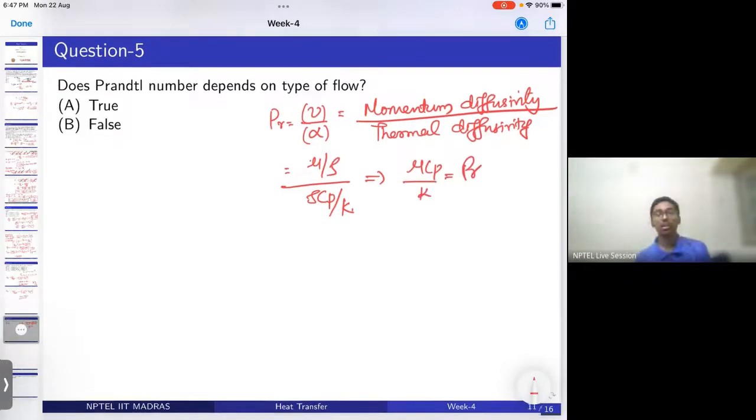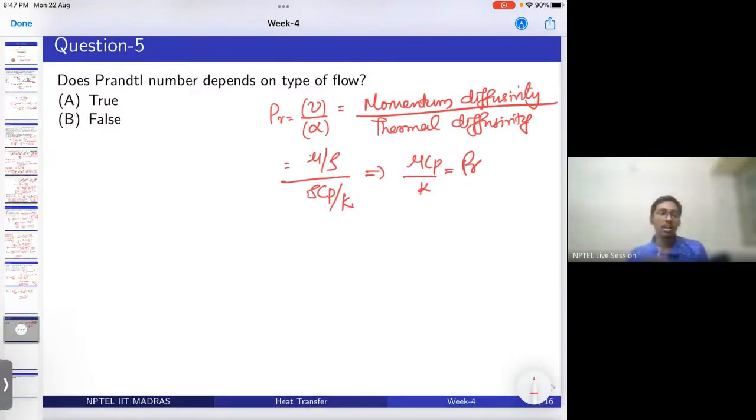Okay. So it is actually the relative effectiveness of momentum and energy transport by diffusion. It is a measure of the relative effectiveness of momentum and energy transport by diffusion in the velocity and thermal boundary layers.